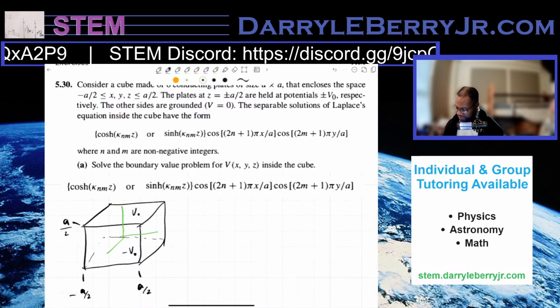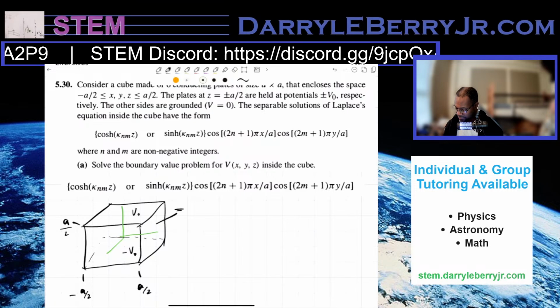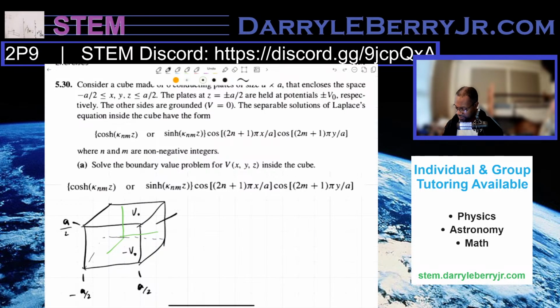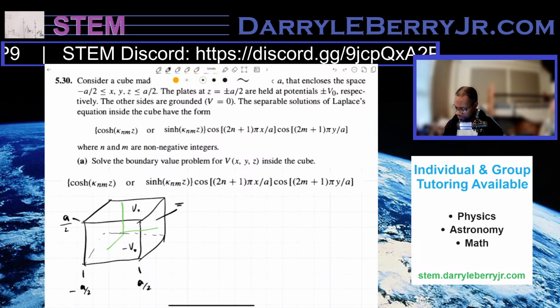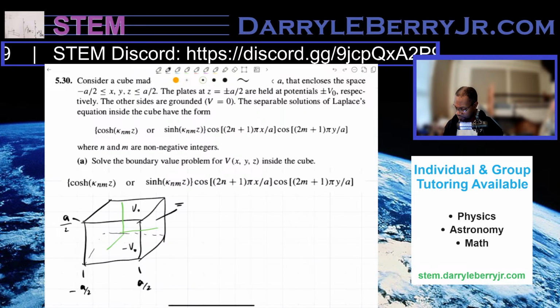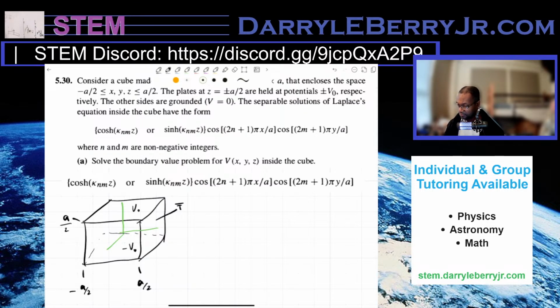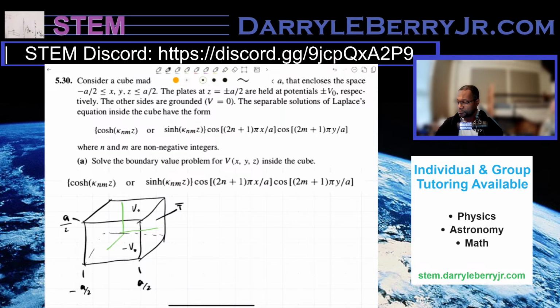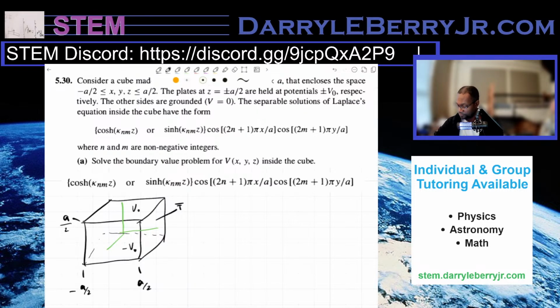And all of the different sides are grounded. I forget the grounded symbol. Is it this? Maybe it's that. See if I have it noted. I don't think I do.